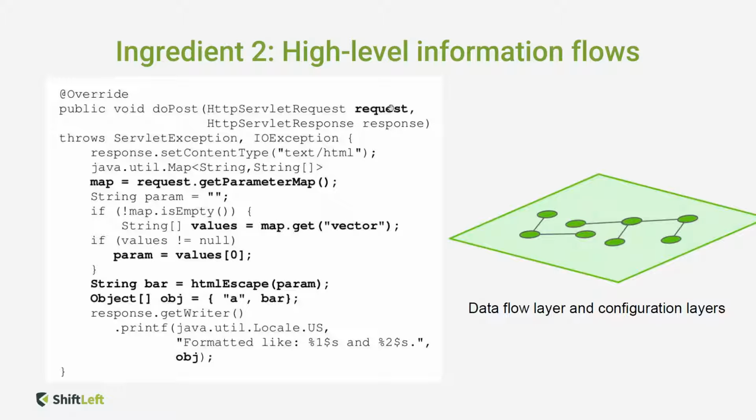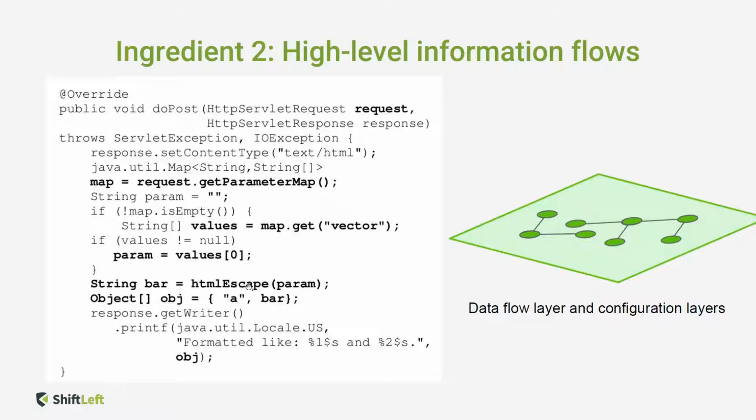So here the attacker controls the request, and then by controlling the request also controls this map here, and then controls this array values, and then controls param. This is escaped, put into some sort of array again, and eventually reaches a printf call.